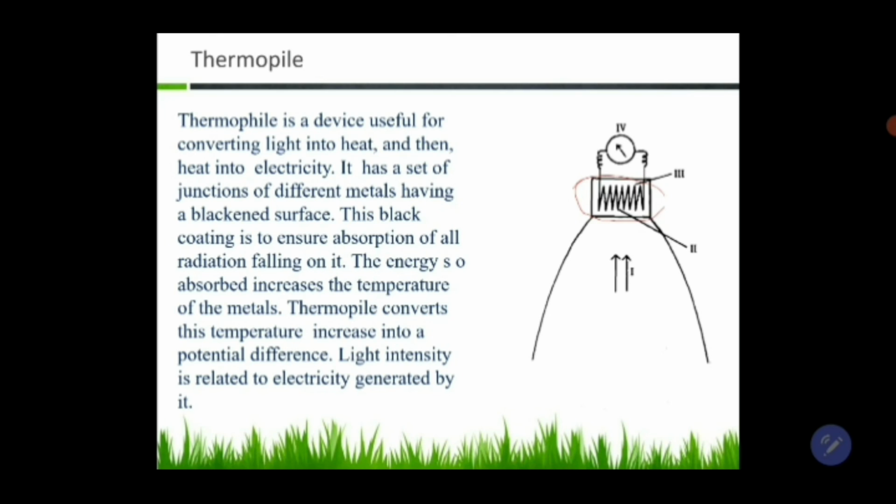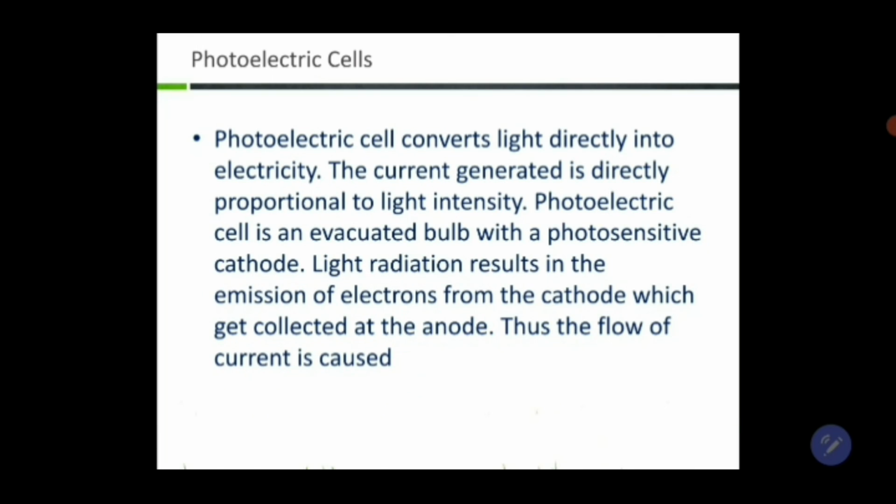The energy absorbed increases the temperature of the metal, and the temperature rise is converted into a potential difference, meaning electricity, and the light intensity is related to the electricity generated. So this is what the thermopile does: light gets converted to heat energy, which gets converted to electricity.